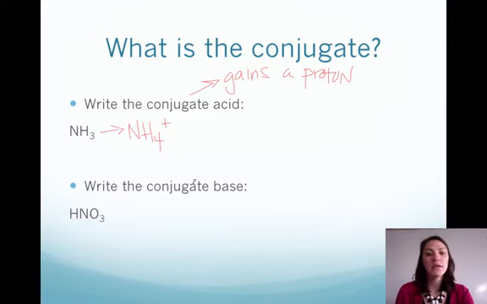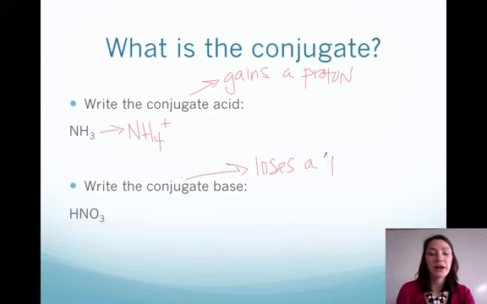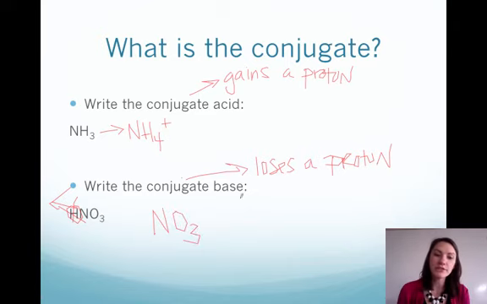All right. The conjugate base is what ends up losing, sorry, not losing an electron, loses a proton. All right, so here we're going to take this H and move it away, take it off. So NO3 is left over, and when you take away the H, you take away its positive charge. So now we go from neutral to a negative charge.